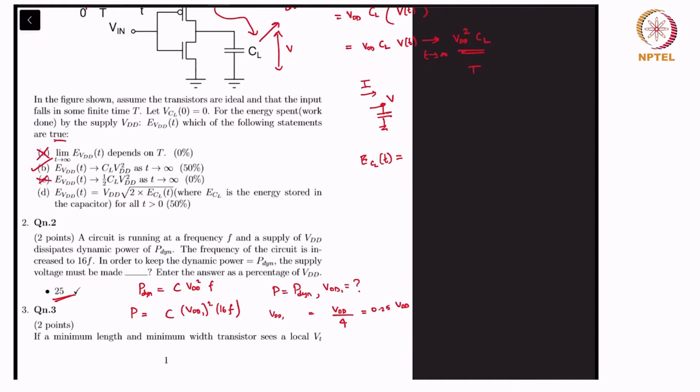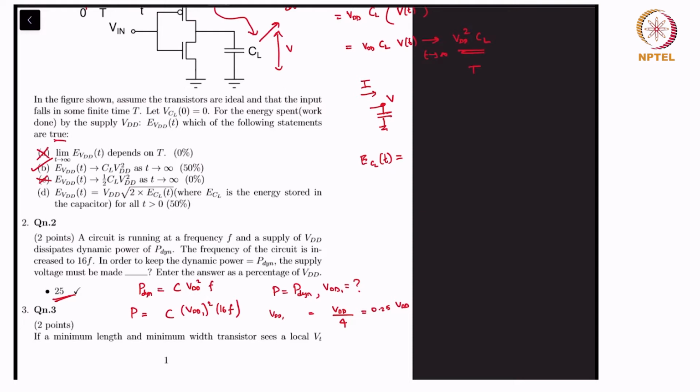So for ECL, the energy stored in the capacitor or the energy dissipated in the capacitor, this is passive convention. For energy stored, it would be the passive convention. For energy supplied, it is the active convention where you have VDD and then you have current coming out of it. So that is active convention, this is passive convention.